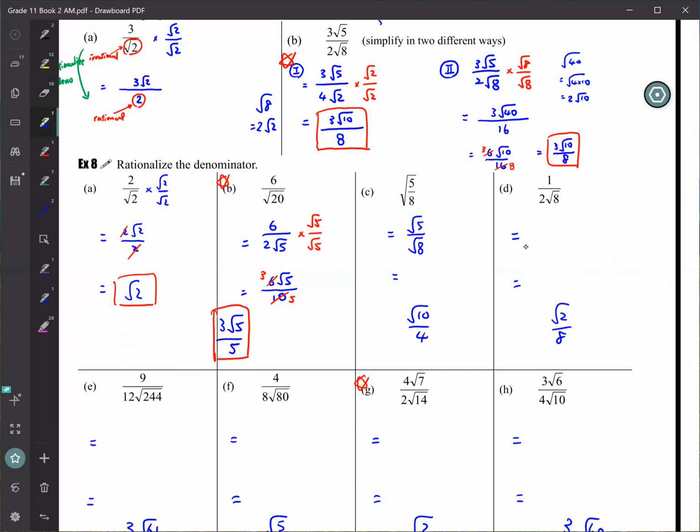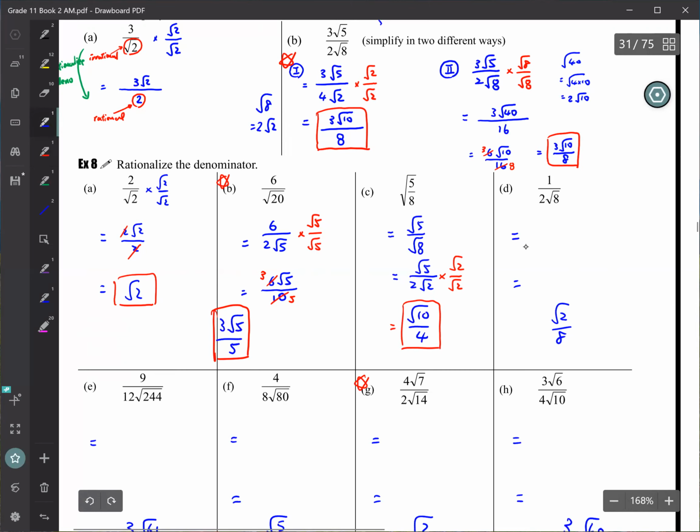Question C, root 8. We'll simplify that first. Root 5 over, a pair of 2s comes out, so 2 root 2. And then rationalize the root 2. And that should give you the correct answer right there. Okay, very good. Same thing for the next one: we don't rationalize yet.